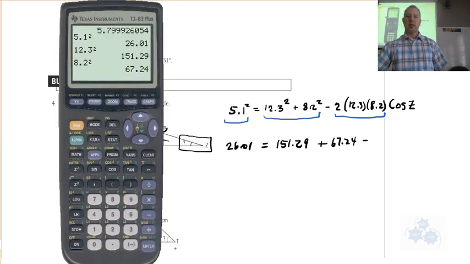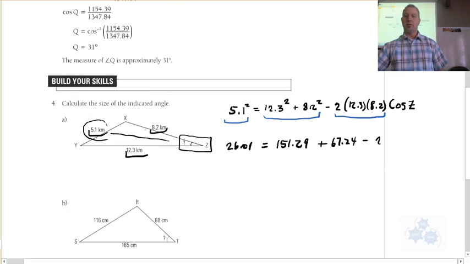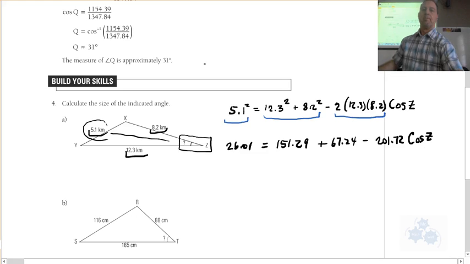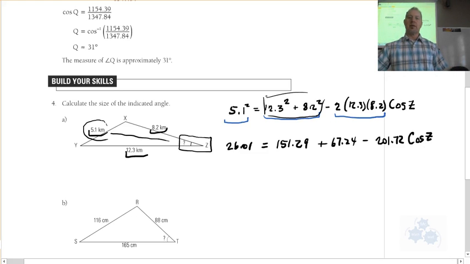So you can start to do something like this. 2 times 12.3 times 8.2, 201.72. Now this is actually 201.72 times cos of Z, so that's all one term there. We've got to remember that. If you added this all at once, that's great. I didn't.